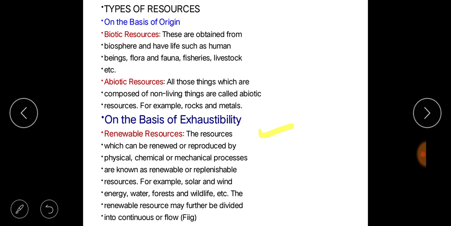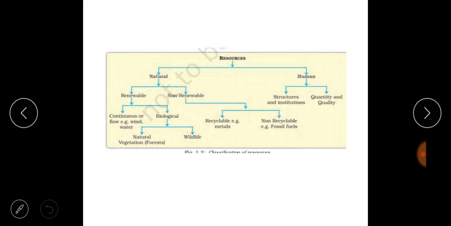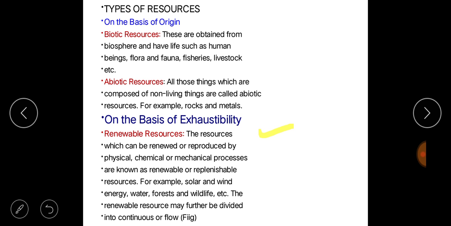I showed you in the first figure. This is the natural, continuous or flow, that is wind and water. You can note here: renewable, further divided into continuous or flow, that is wind or water.